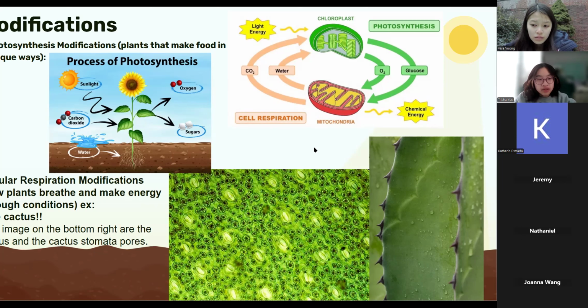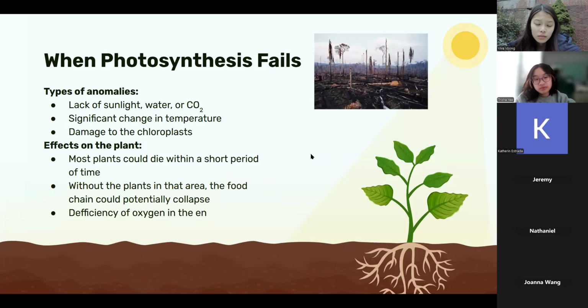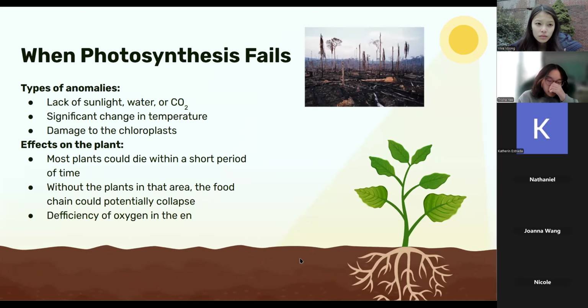All right. And our next slide is on what happens when photosynthesis fails. Some factors that could contribute to the failure of photosynthesis could be a lack of sunlight, where the plant could be in a very shaded area or in an area where there's no sunlight at all. There could also be a lack of water or CO2. There could also be a significant change in temperature that could affect photosynthesis, such as very cold or extremely hot temperatures.